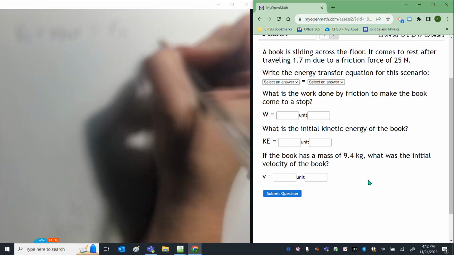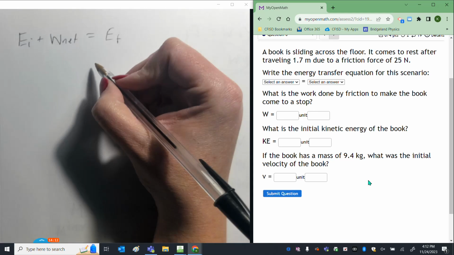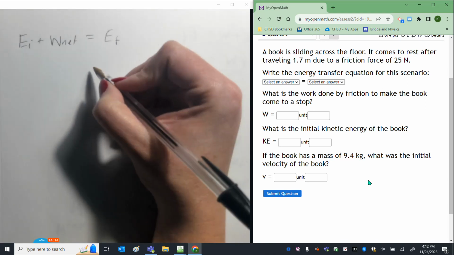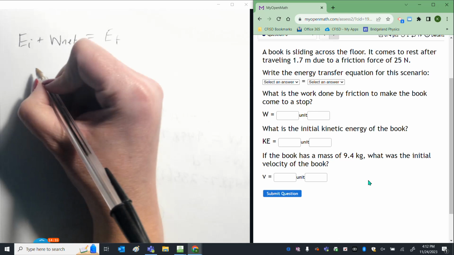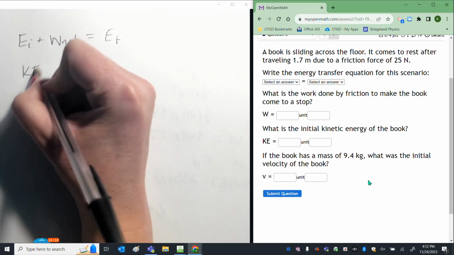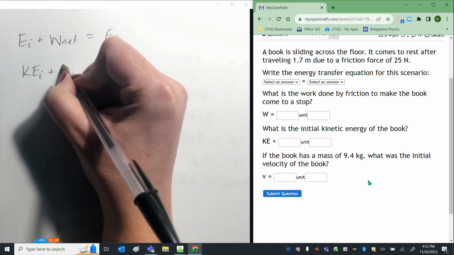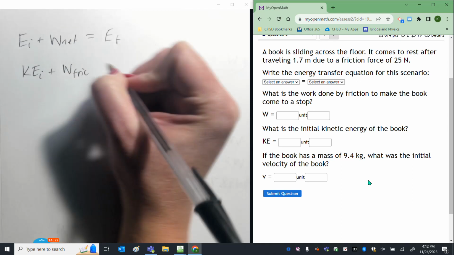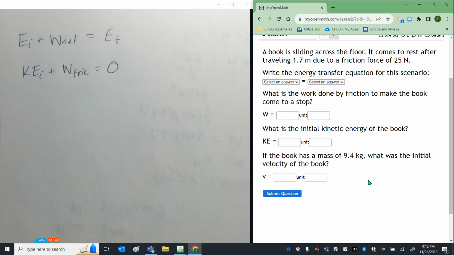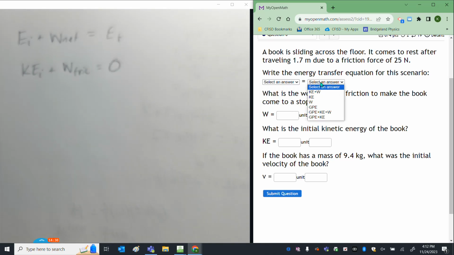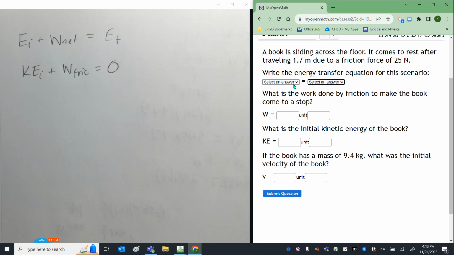In this particular situation, we're dealing with a scenario where our initial energy is kinetic energy. We have work done by friction, and we don't have any final energy, 0, because it says it comes to a rest. Okay, and so the energy transfer equation here is going to look like this.